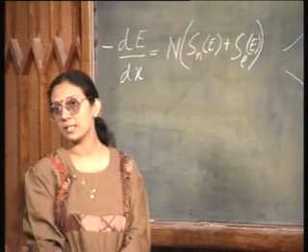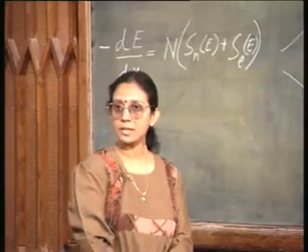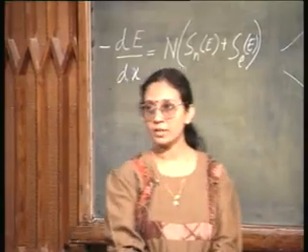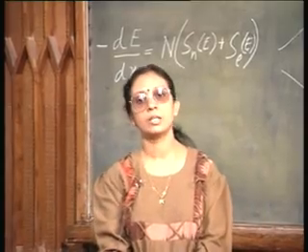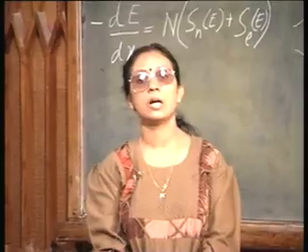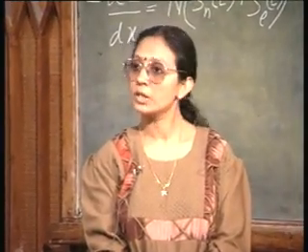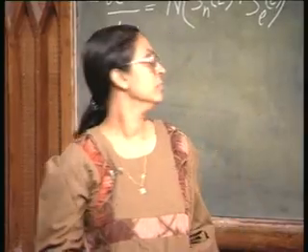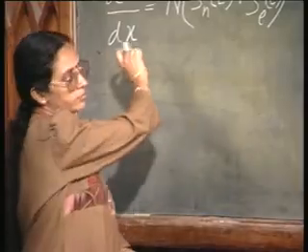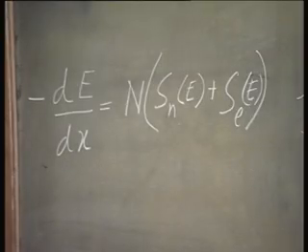How exactly they are related to the ion energy we will discuss a little later. But for the time being, let me just say that both are functions of the ion energy. Depending on whether the ion energy is high or low, one or the other process will dominate. And so, this is what I get. The energy loss is given by this equation.